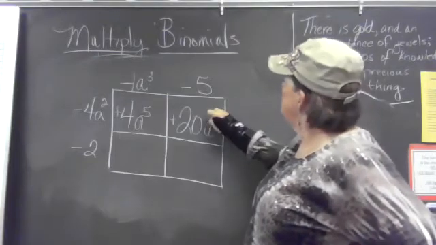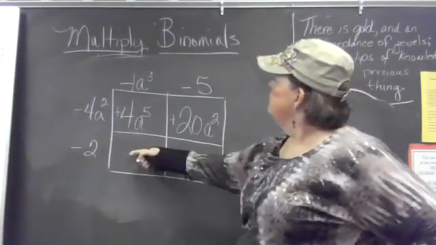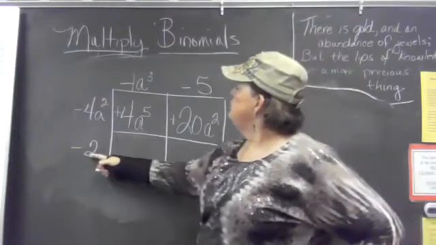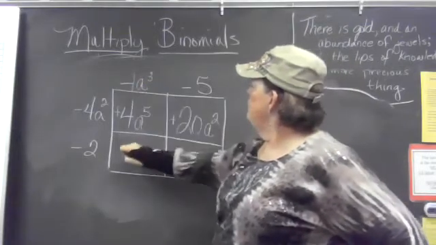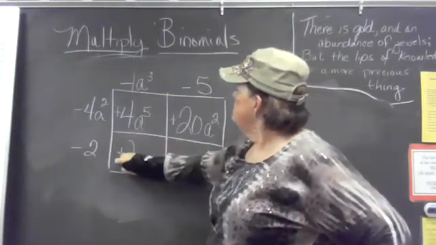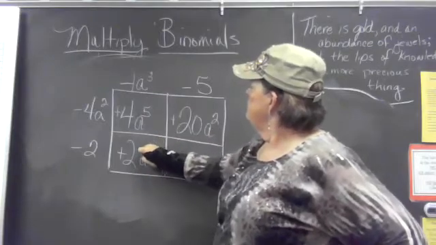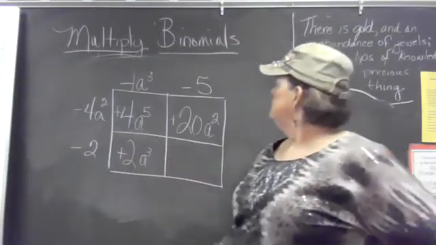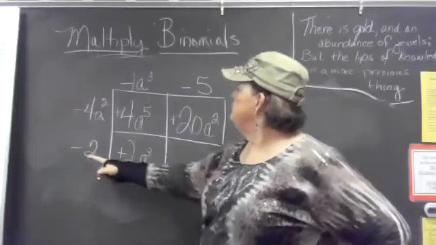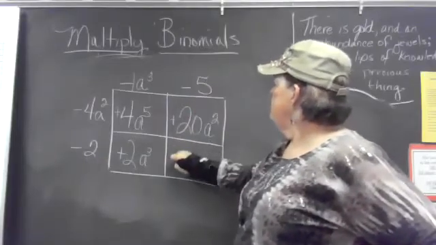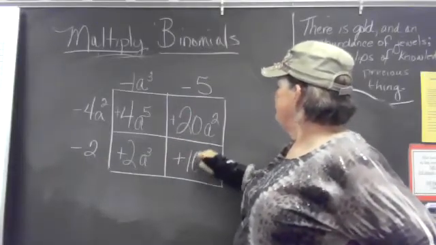Second. Here we go. Negative 2 times a negative 1 is a positive 2a cubed. And negative 2 times negative 5, positive 10.